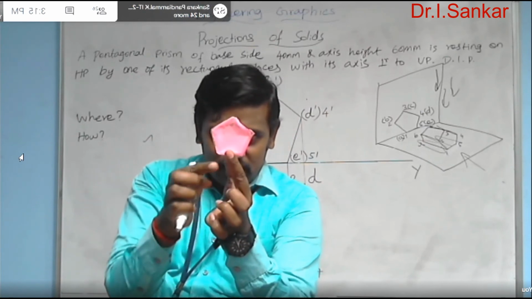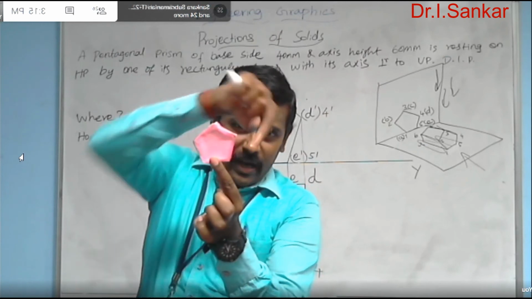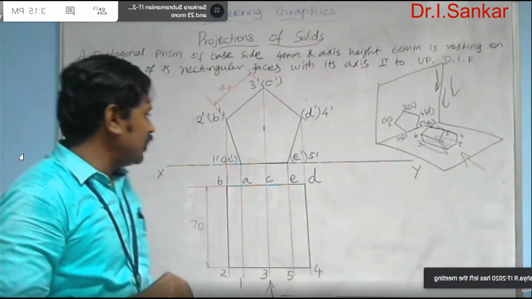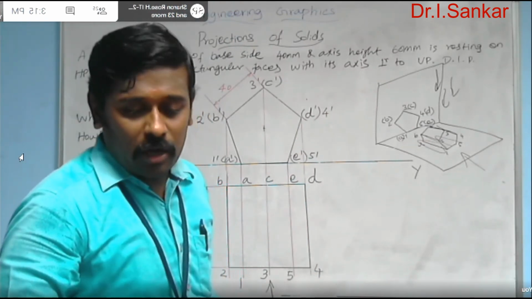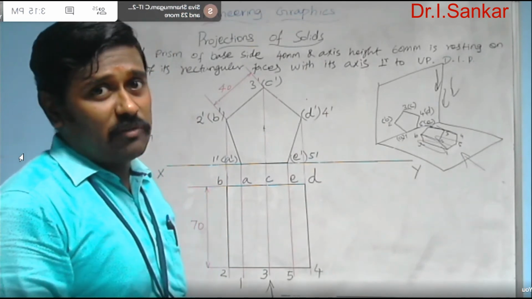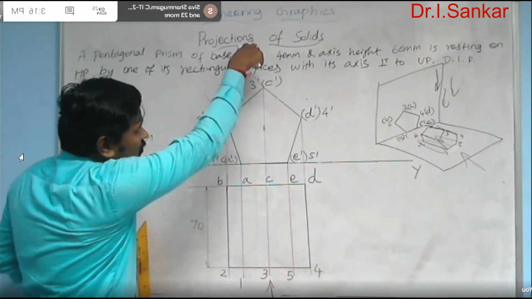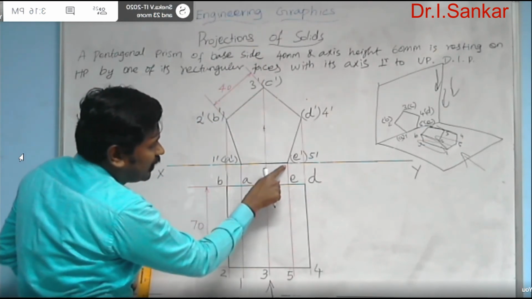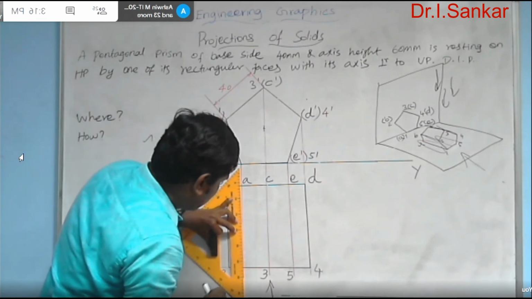But the edges just beneath the solid, this edge and that edge, these two are invisible when you look from the top. These two invisible edges have to be drawn with the dashed line format in order to highlight them as they are invisible edges. So the edges 1A and 5A are invisible edges, as you are looking at the solid from the top. So highlight them with the dashed line format.